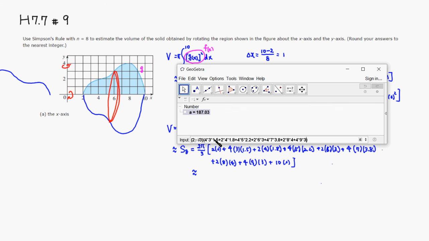I think that's it. Hit enter. It came out to be 818. So 818 would be the answer.